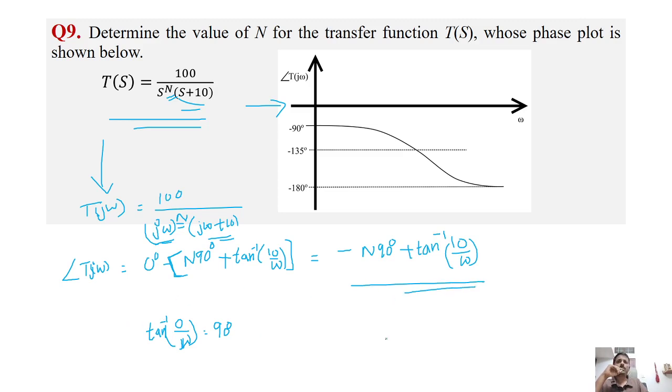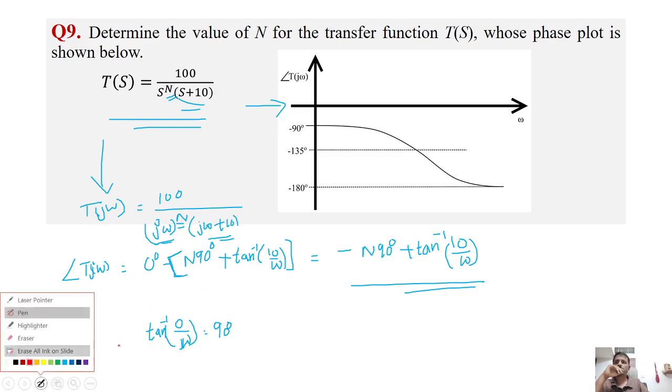Now we need to find the value of n. How to find the value of n here? Okay, I think I have made a mistake. I am sorry.